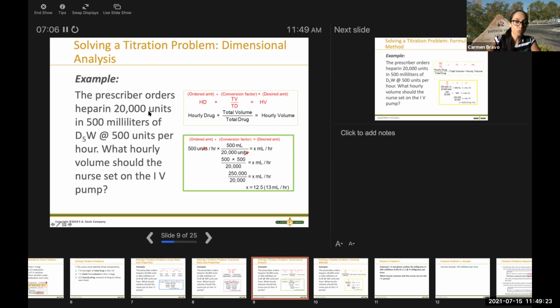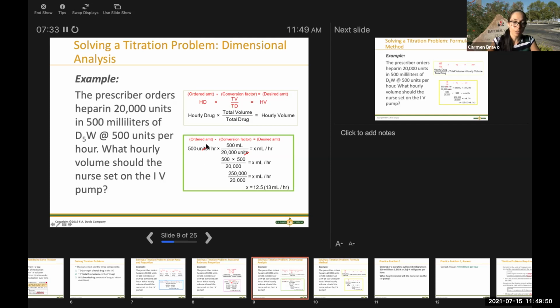The prescriber orders 20,000 units in 500 milliliters at 500 units per hour. So the 500 units per hour is what's actually ordered, and the dosage concentration is your total drug, 20,000 units, and the total volume, 500 mLs. Every time I say volume, that's how many mLs.